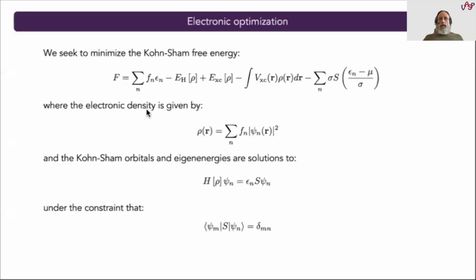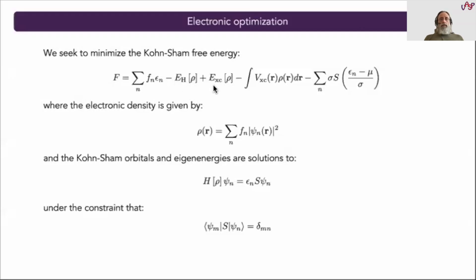So let's look at what we are trying to do. What we are trying to do is to minimize the Cohen-Sham free energy. Well, here it's shown for a DFT. The Cohen-Sham free energy consists of the sum over the Cohen-Sham orbital energies minus double counting corrections. Those are shown here.